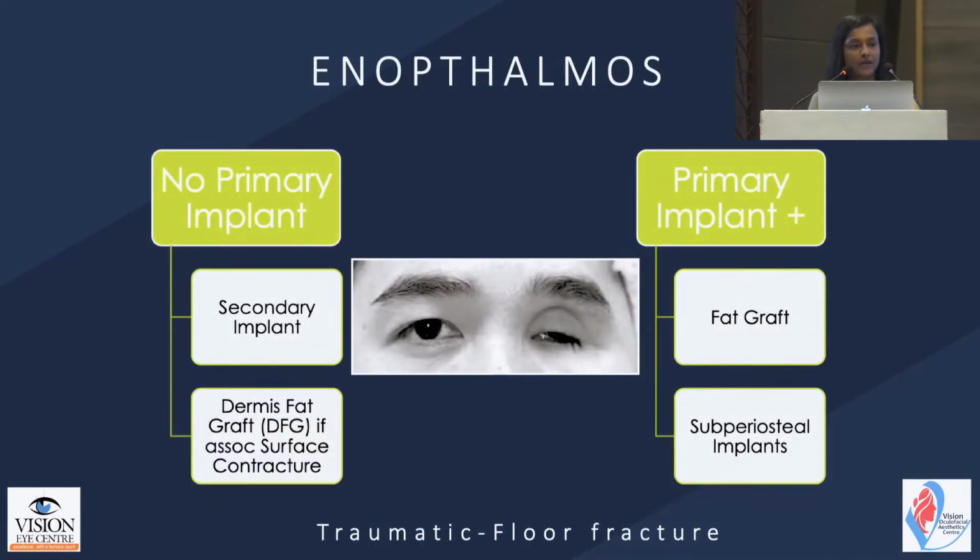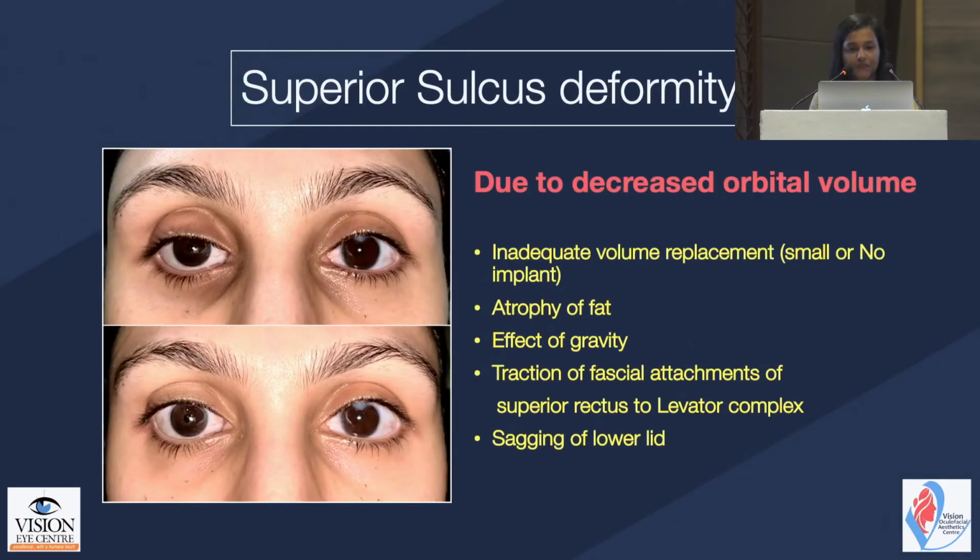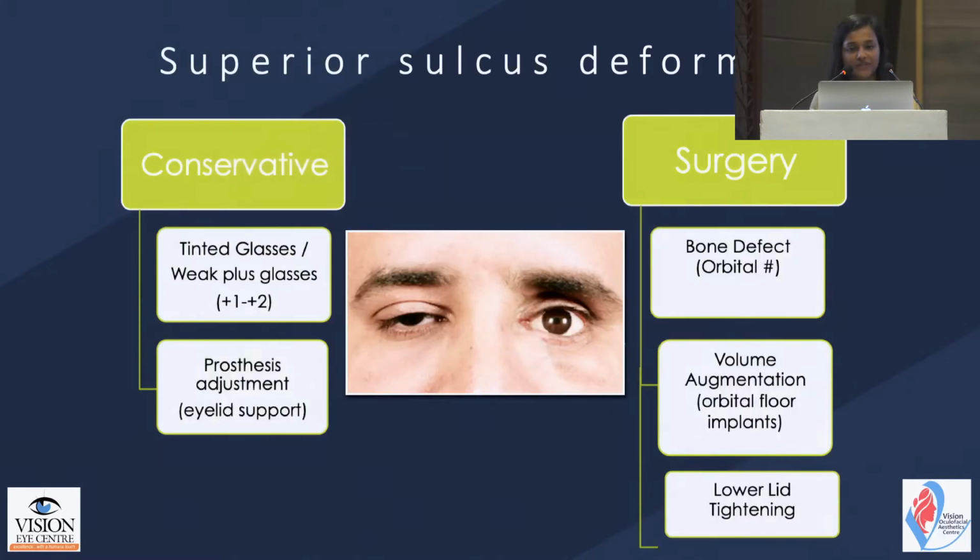It could be without a primary implant or with a primary implant, wherein the implant may have migrated or it may not be of adequate size, and may require to be changed. You can have a superior sulcus deformity because of decreased orbital volume. This can sometimes be treated by putting in fillers or even changing the implant. You can treat these conservatively and also with surgery.